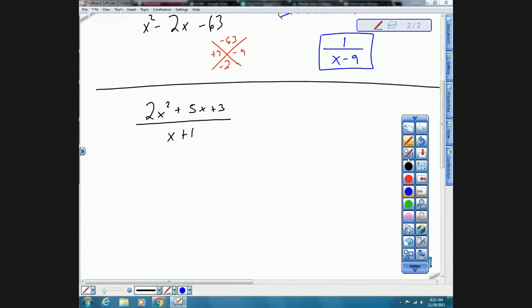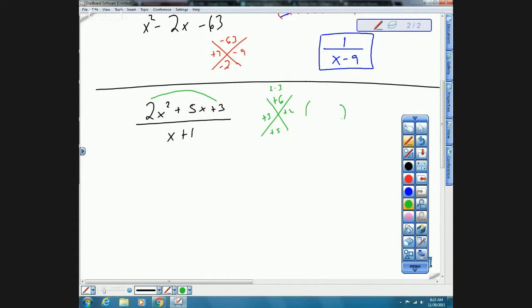So here on this one on the top, I don't have any GCF, but I have an x squared and an x. So if I do 2 times 3, it multiplies to be 6 and adds up to be 5. Just be 2 and 3, wouldn't it? Yeah, 2 times 3 is 6, 2 plus 3 is 5.